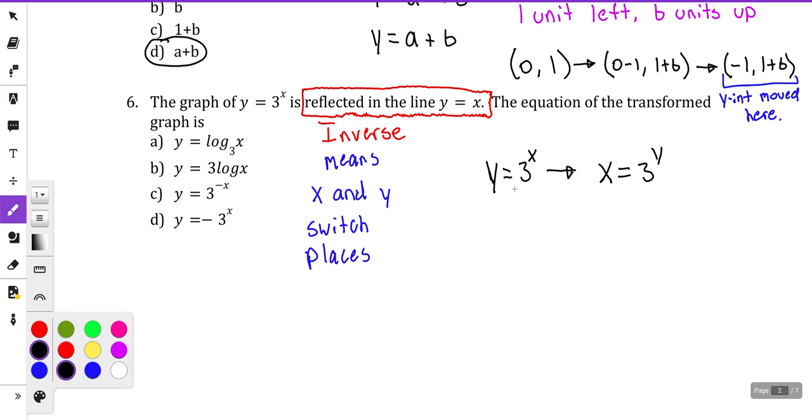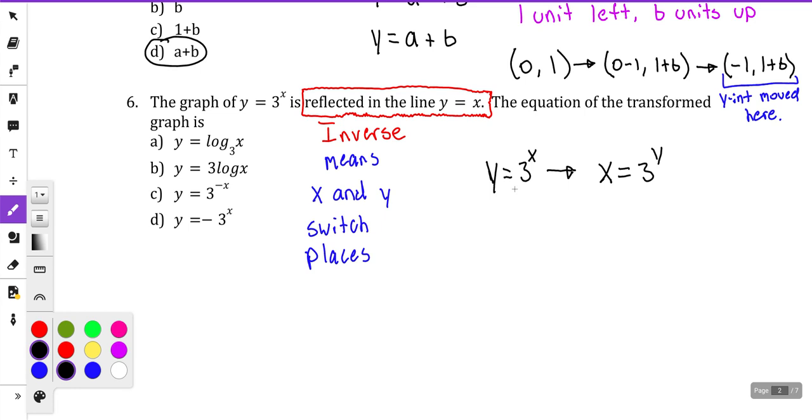That's the inverse. That's reflecting something about the line y equals x. I took the x value, I took the y value, I swapped them. Essentially, anywhere you see y, write x. Anywhere you see x, write y.